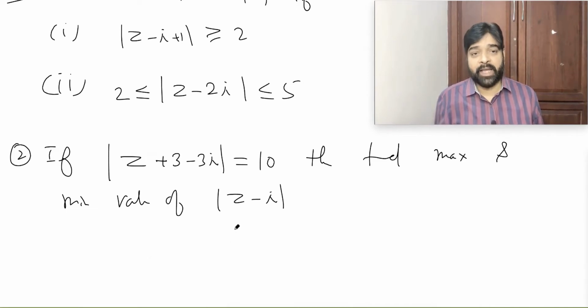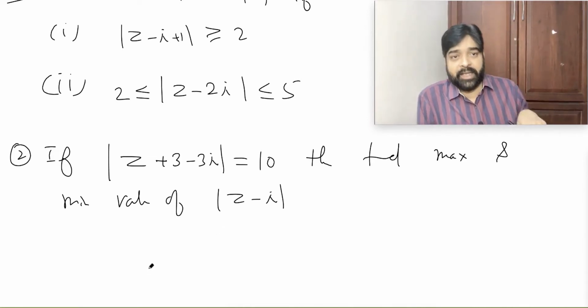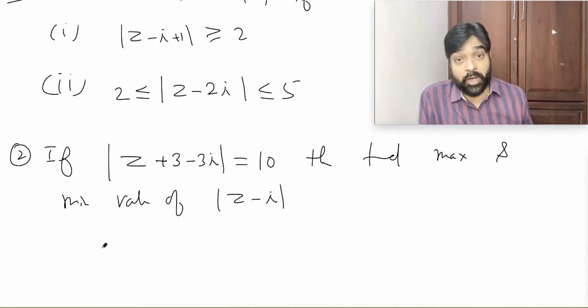Now this time they are asking the maximum and minimum of mod of Z minus I, so I will join I and the center and then extend, and you can easily visualize. Do it only by graph, not by the triangular inequality.